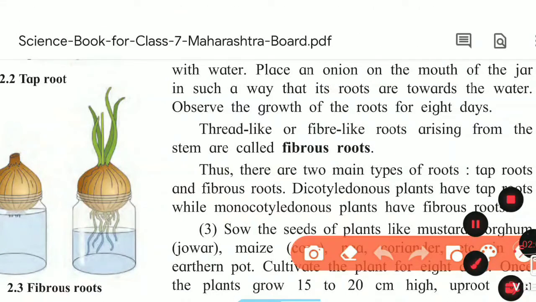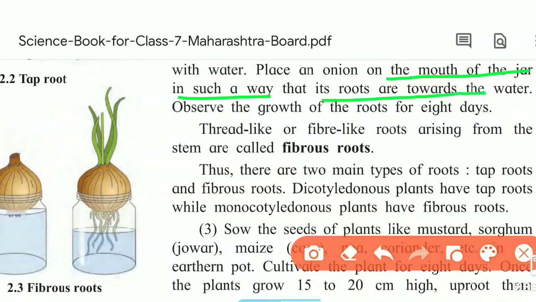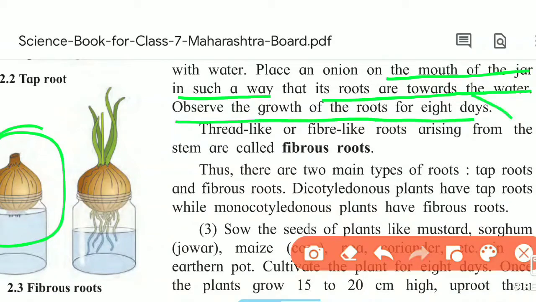Place the onion on the mouth of the jar in such a way that its roots are towards the water. If you see in the picture, they put the onion on the jar, and its roots are kept towards the water. And after some days, we have to observe the growth of the roots.